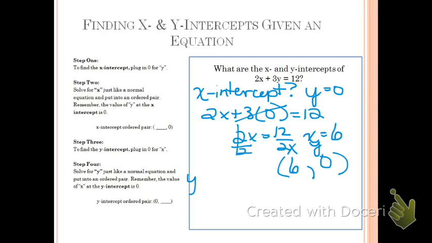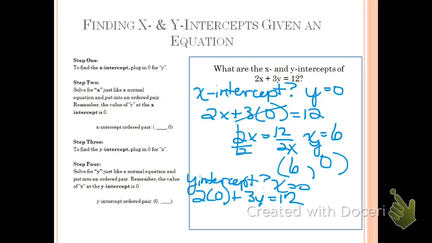To find your y-intercept, you can do the same thing, but this time we want to use when x is equal to 0. So just the opposite, you replace it. 2 times 0 plus 3y is equal to 12.